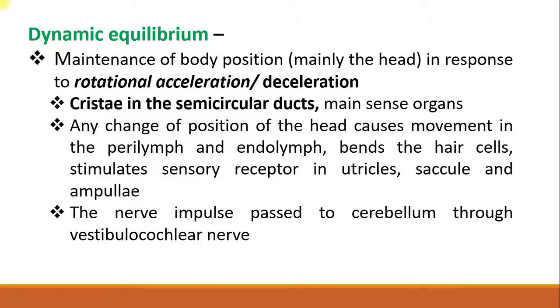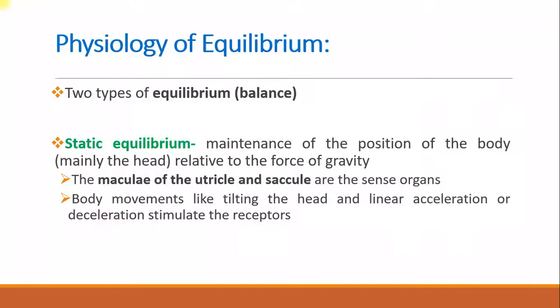So let's see what dynamic equilibrium is. Dynamic equilibrium is the maintenance of body position, mainly the head, in response to rotational acceleration or deceleration. So it is rotational movement. And what is static equilibrium? It is the position of the body relative to the force of gravity, so it is tilting the head and linear acceleration or deceleration.